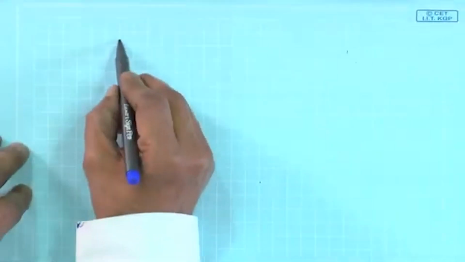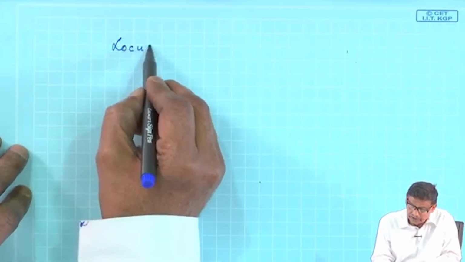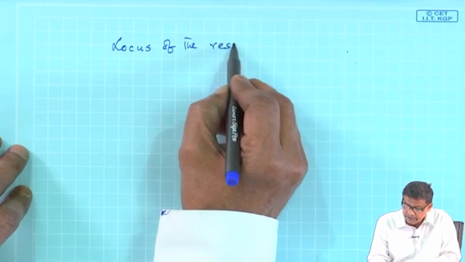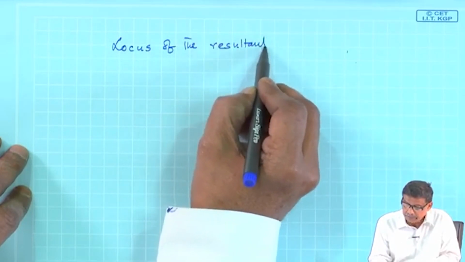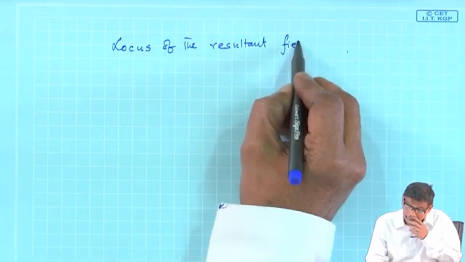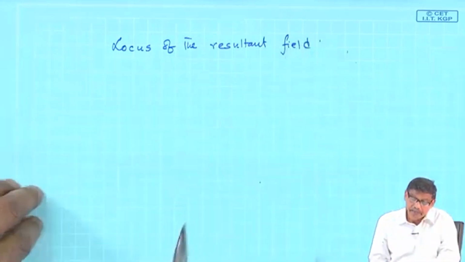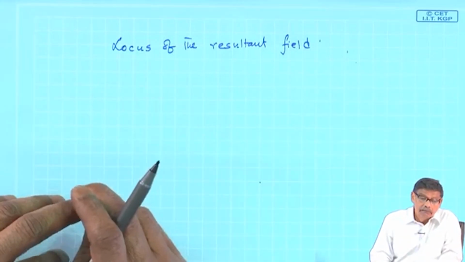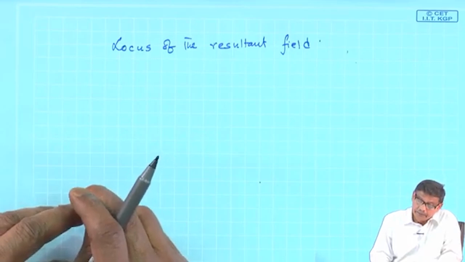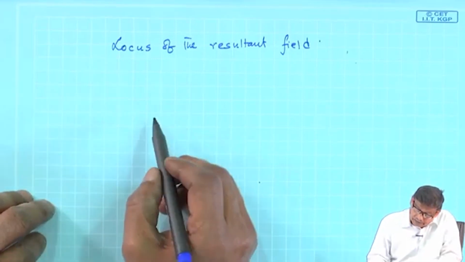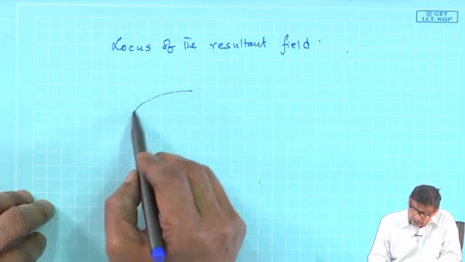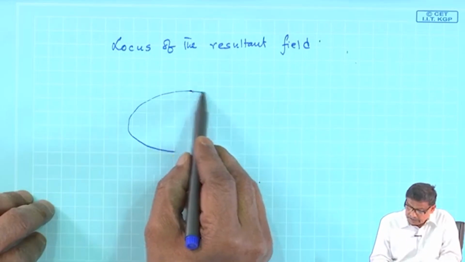Therefore, it will be the locus of the resultant field. It will be an ellipse here, and it will be somewhat like this.